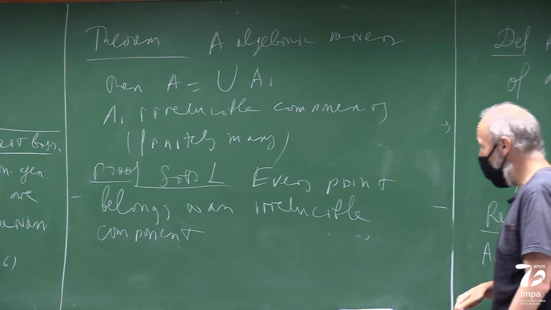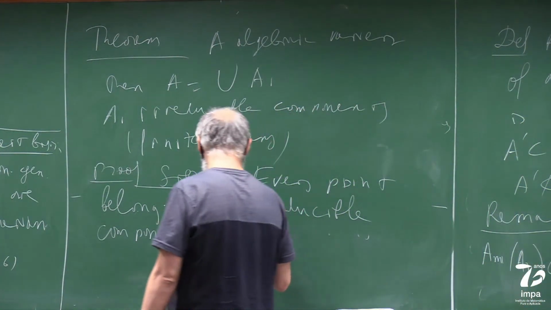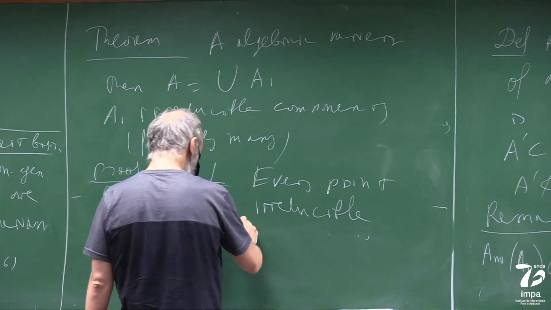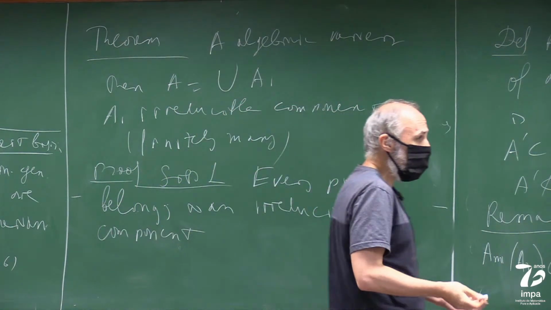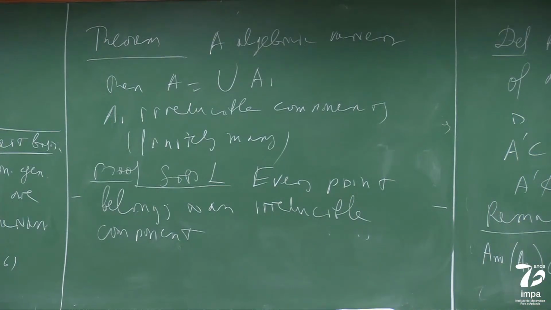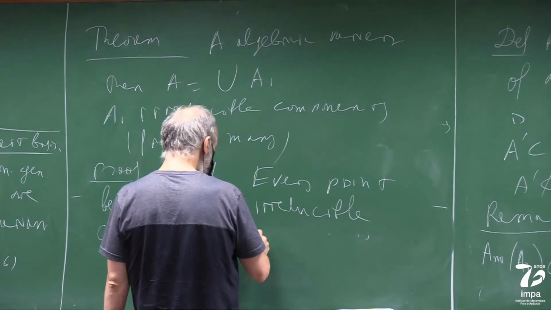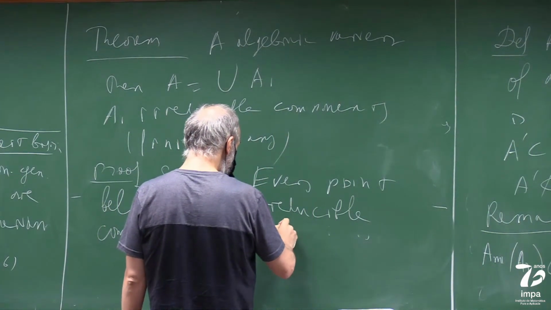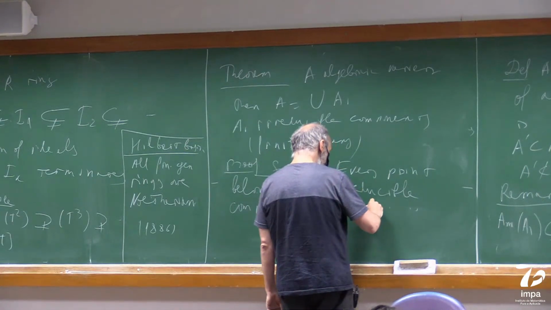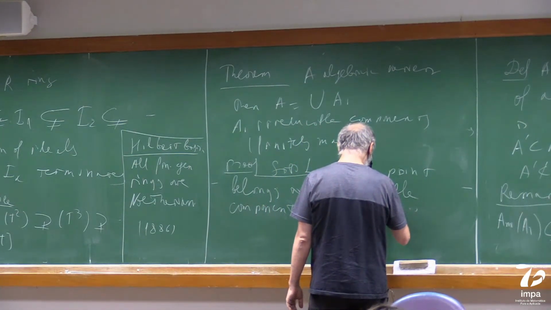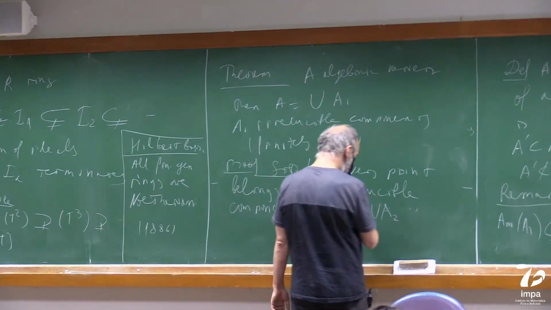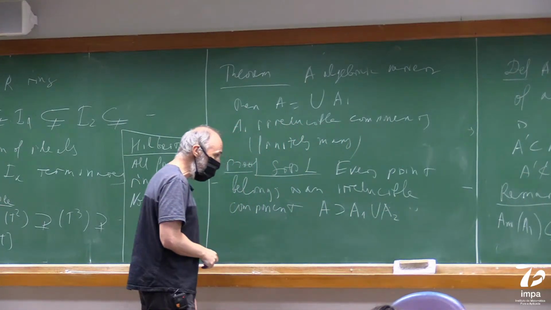Otherwise, you would have a decomposition. Suppose that there are no irreducible components. You can decompose A, which would contain A1 union with A2, both containing your point.